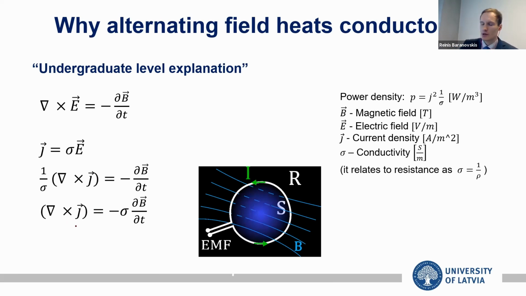There is a curl here which makes it quite difficult to predict simply how it would look, but definitely the left hand and right hand sides have to be balanced. If this part is non-zero, and the magnetic field is changing, there have to be electrical currents passing through.